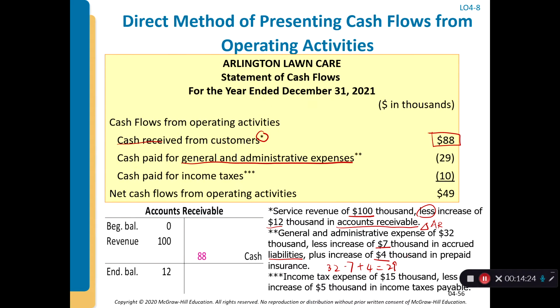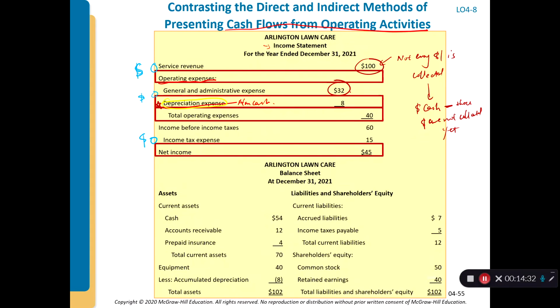The reason is that this 32,000 is expenses incurred. So let's go back to here. Of this $32,000 incurred expenses, not every dollar is paid yet. So if you have expenses that haven't been paid, then you are generating accounts payable.